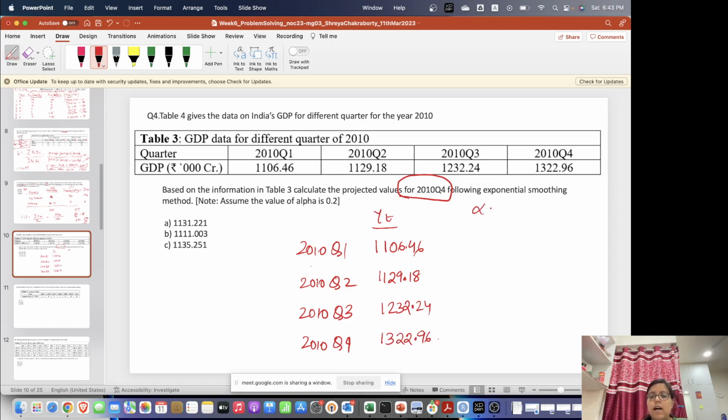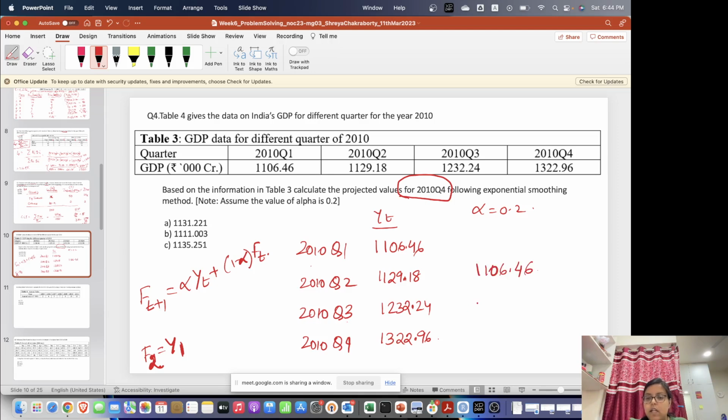So if alpha is 0.2, then we know at the t plus 1th time point it will be alpha Y(t) plus (1 minus alpha) F(t). So F2 we would keep as Y1, which is 1106.46.